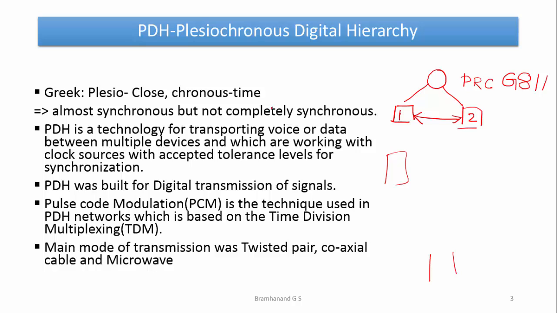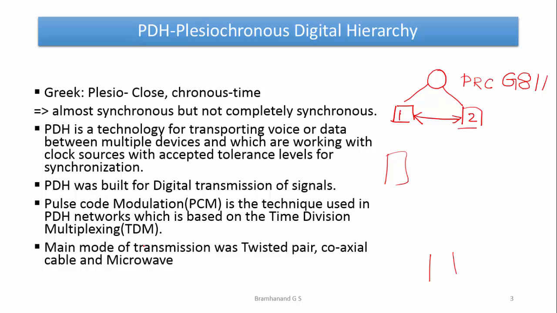So it's a digital transmission hierarchy. And pulse code modulation is the technique which is used in PDH networks, which is based on time division multiplexing. PCM, pulse code modulation, is the basis for almost all the digital hierarchies which came from PDH onwards.